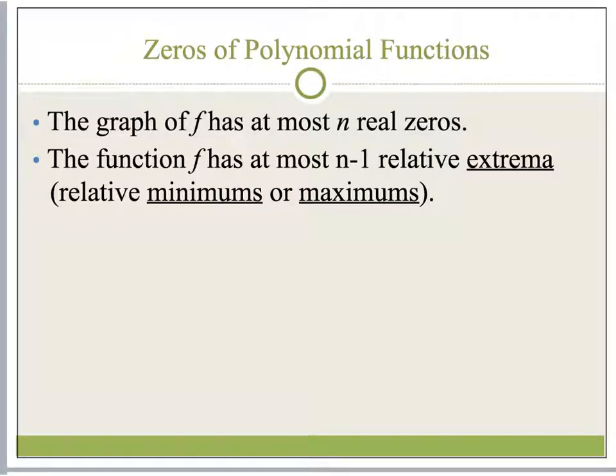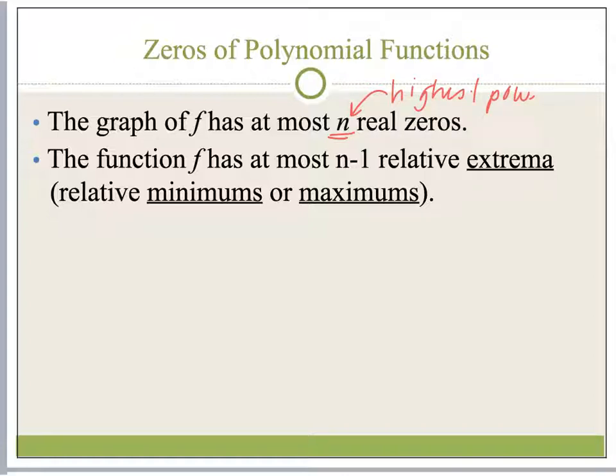All right, so zeros of a polynomial function. The graph of f has at most n real zeros. The function f has at most n minus 1 relative extrema. So n would be your exponent, by the way, or your highest power.